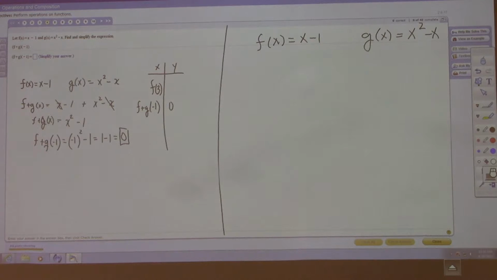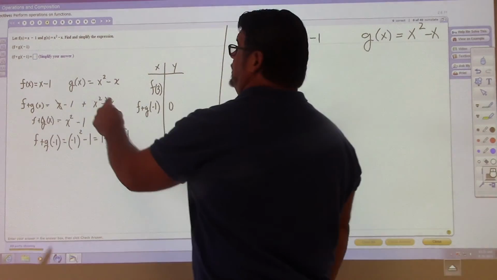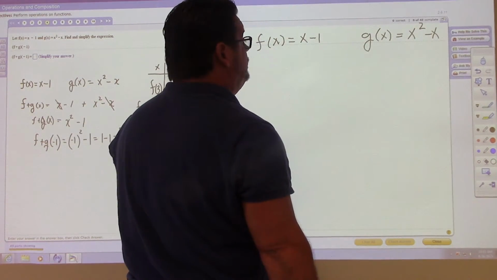Now, instead of adding the 2 at the beginning, what else can we do? We can take that negative 1 and do what? Plug it into both.